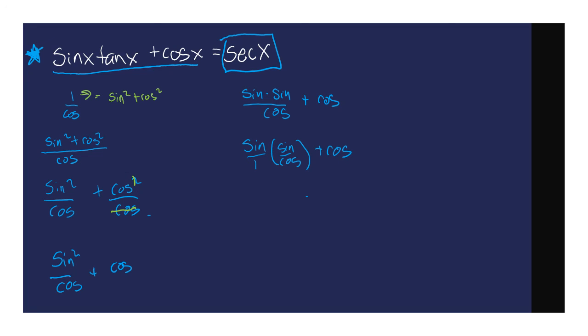Hey, look at that. We've got tangent right here. So we can rewrite our identity as sine times tangent plus cosine. And we have now proven that the sides match.